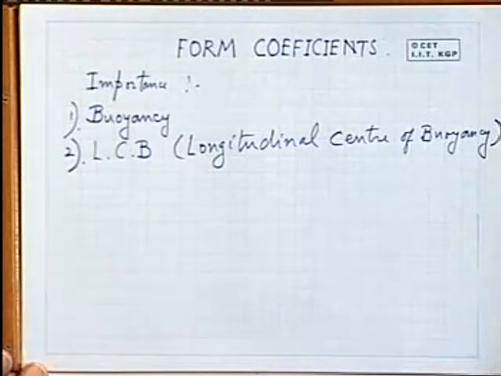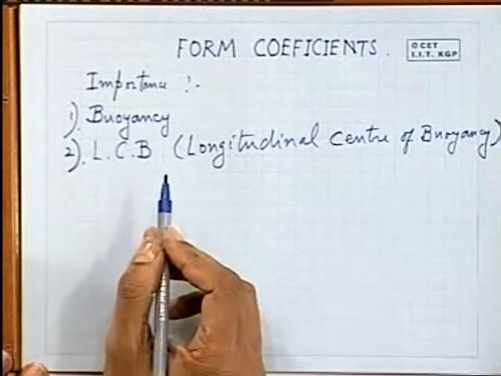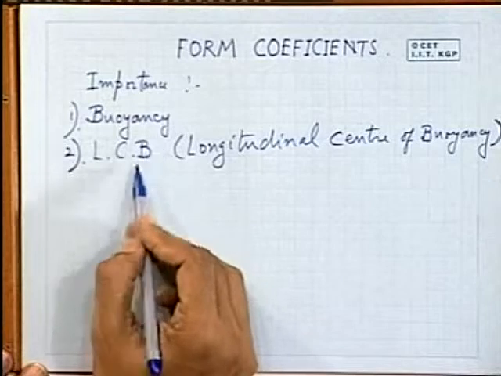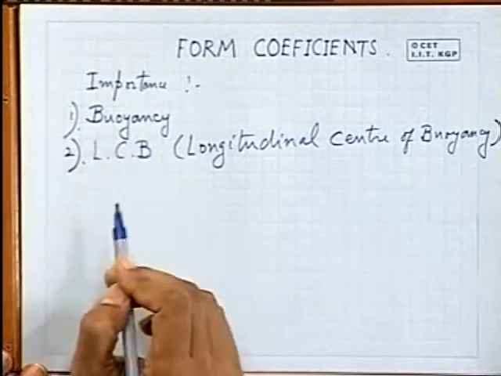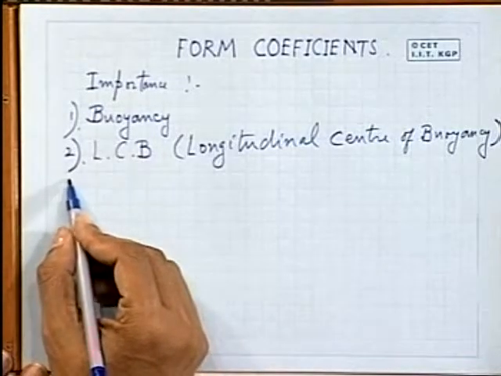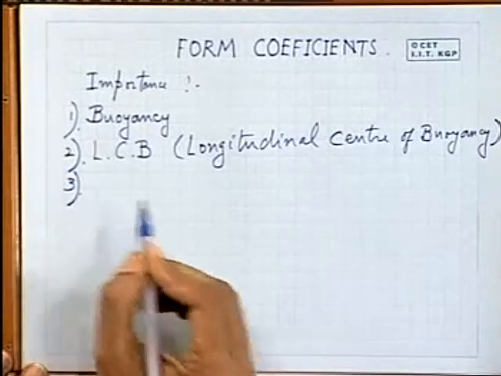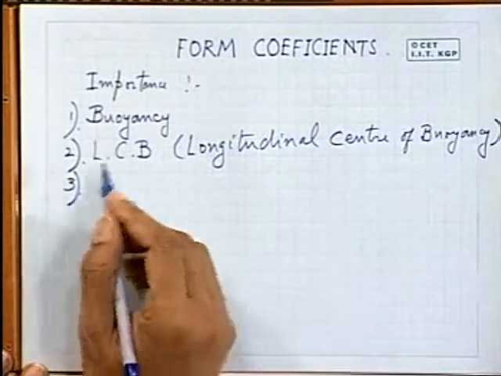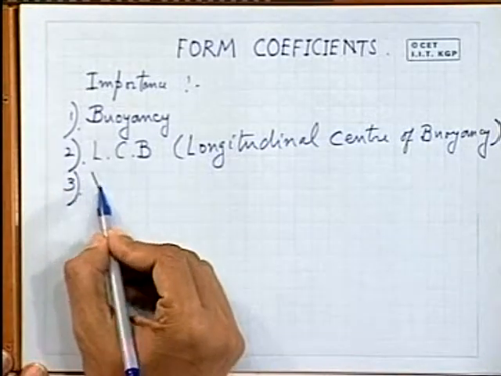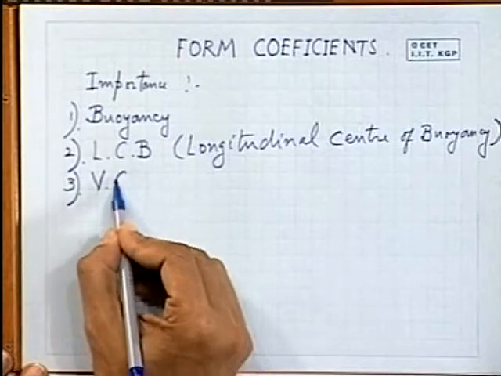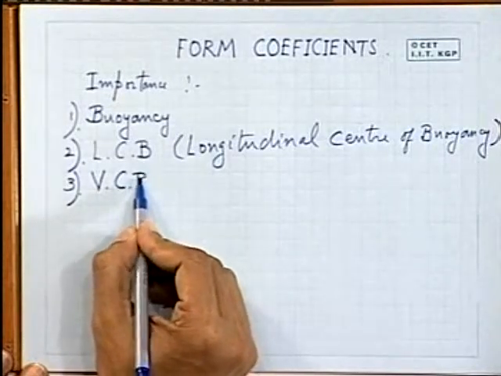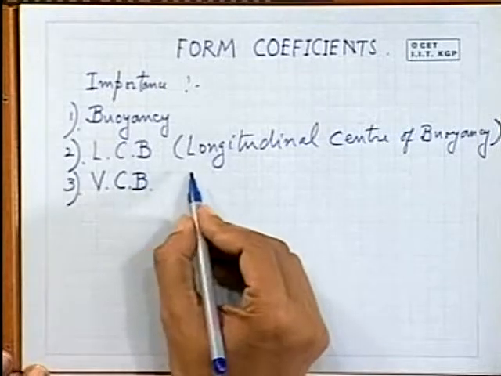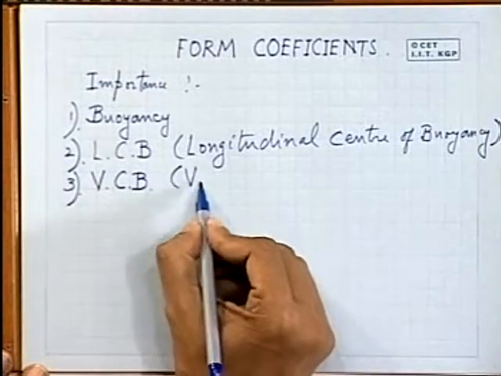Unless you know the form coefficients, you cannot calculate buoyancy. LCB is nothing but the longitudinal moment of this buoyancy from either the midship or from any of the perpendiculars you can take. Next is another item which is called VCB, or the vertical center of buoyancy.